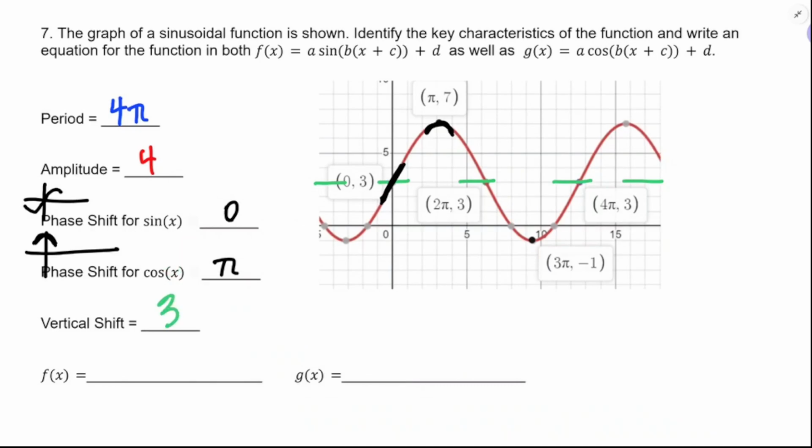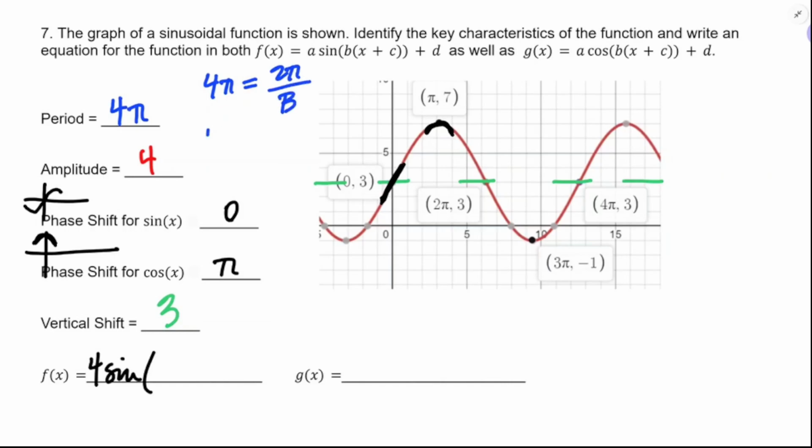All right, so for f of x is a sine graph, so we're going to use the phase shift for sine x, which is 0. And so that's good. I'd kind of wondered how we were going to do that. So 4 is the amplitude times the sine of b. Okay, now the period equals 2 pi over b, and so 4 pi equals 2 pi divided by b, so that means b needs to equal a half.